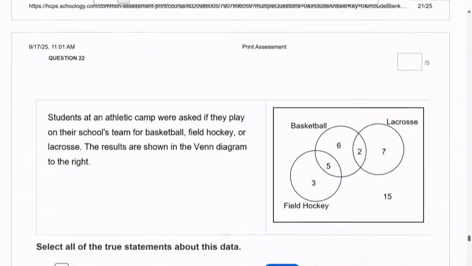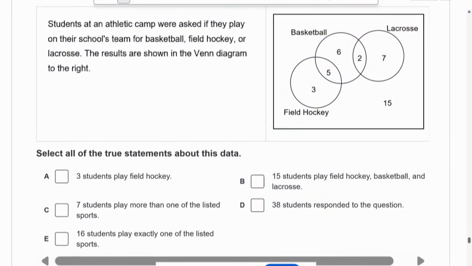All right, let's see what we have now. Students at an athletic camp were asked if they play on their school's team for basketball, field hockey, or lacrosse. The results are shown in the Venn diagram to the right. We have to choose all the true statements about this data. The first one says 3 students play field hockey.